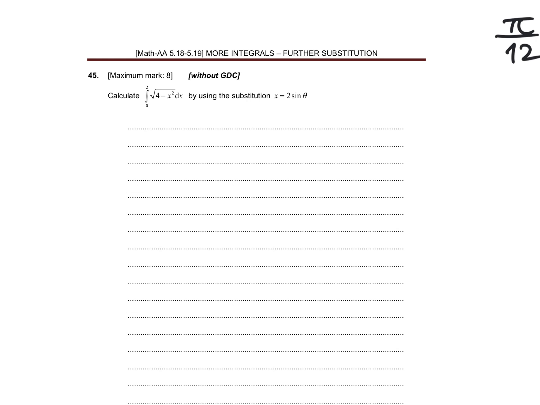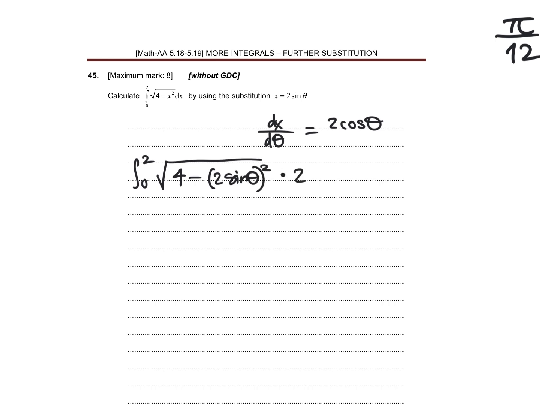Okay. So now 45, we have, using substitution, dx d theta is 2 cosine theta. So we have from 0 to 2, 4 minus 2 sine theta squared, dx is 2 cosine theta d theta.